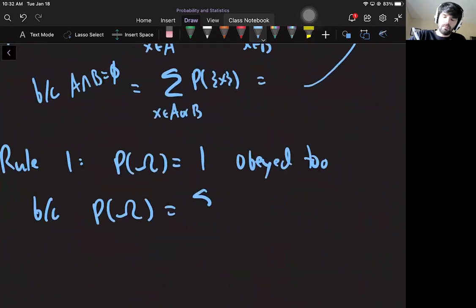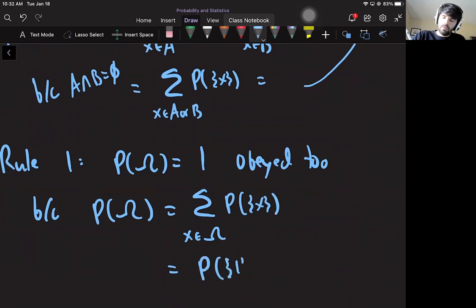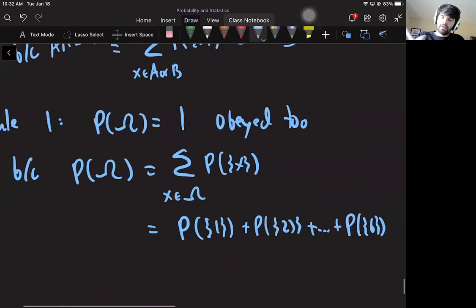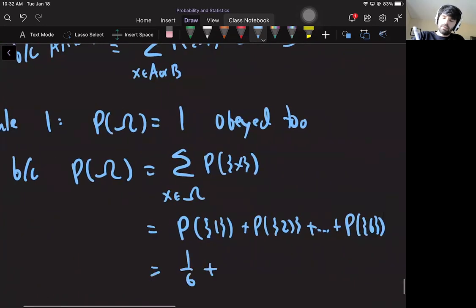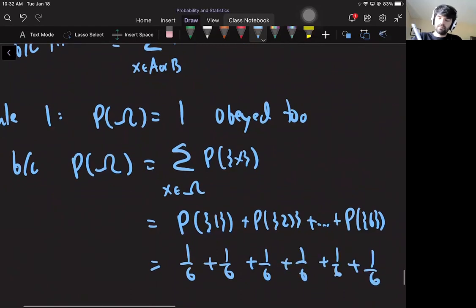And so we can use this notation that I just wrote. But this is just saying probability of rolling a 1 plus probability roll a 2, and so on up until you get to the 6. And that's just going to be 1/6 plus 1/6 plus 1/6. 6 of these guys add up to 1. Okay, so this is a probability function.